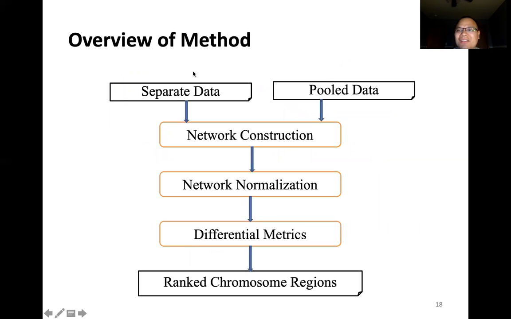You can see that our method takes data in, processes it step by step, and finally reports some locations that are significantly different between two groups.